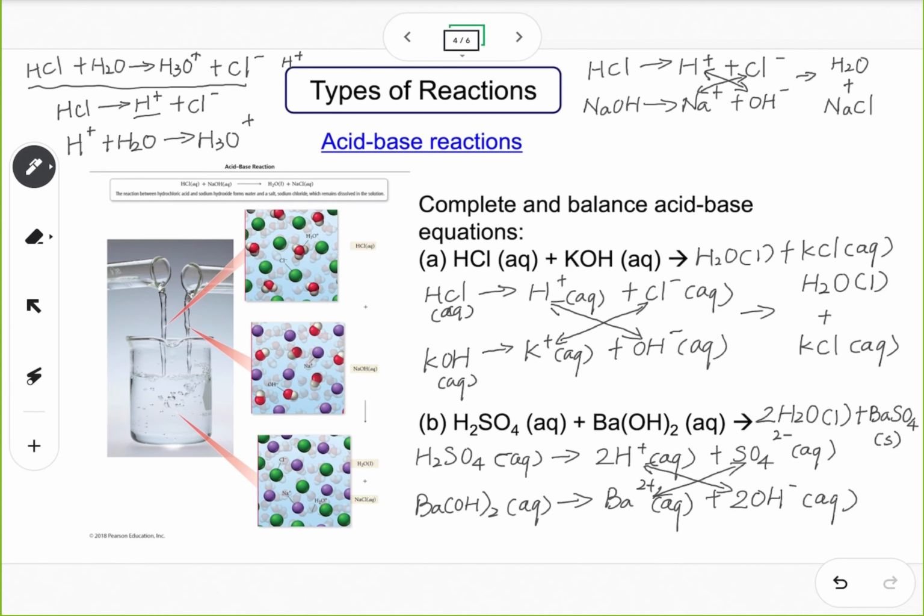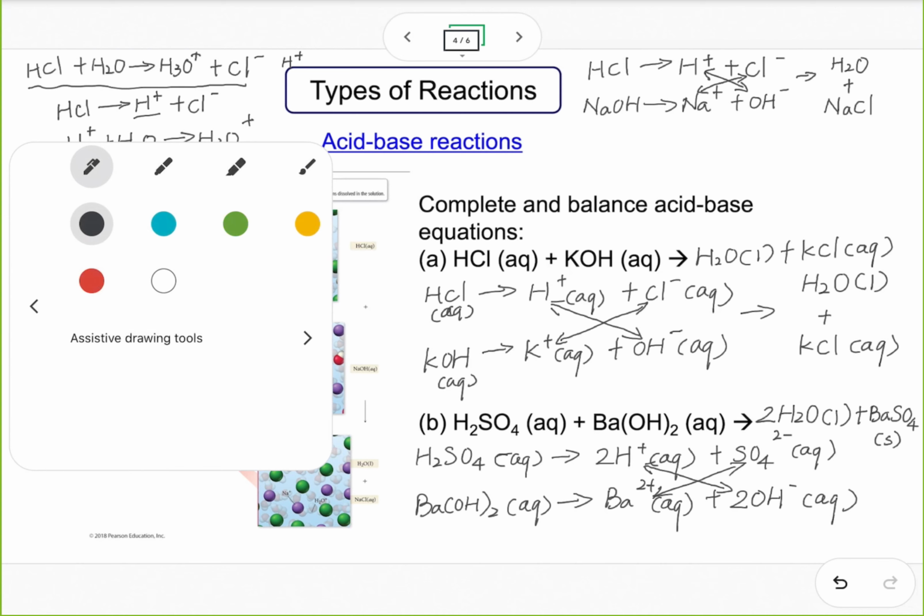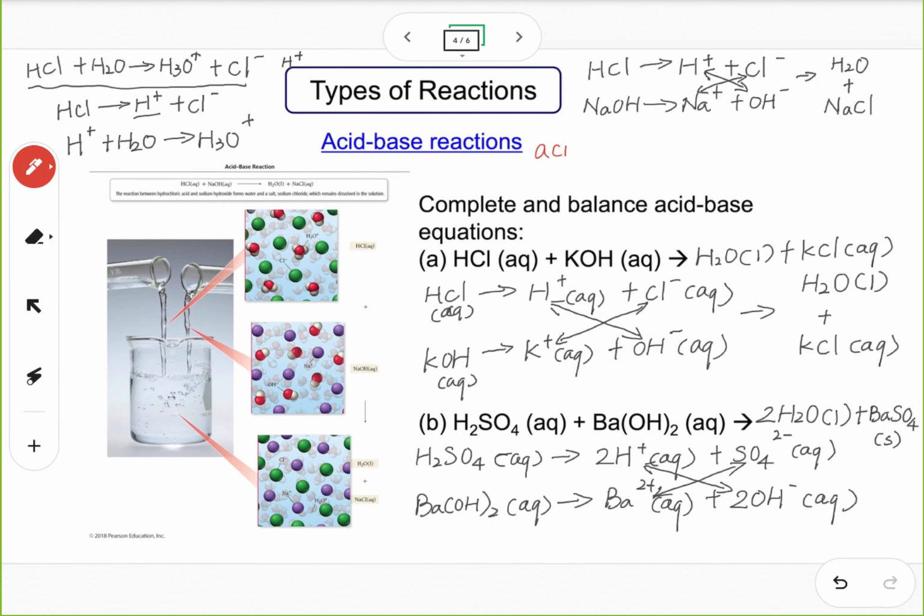If you want me to write a general equation for a reaction between acid and base, it can be written like this: acid plus base will generate water, H2O, and salt.